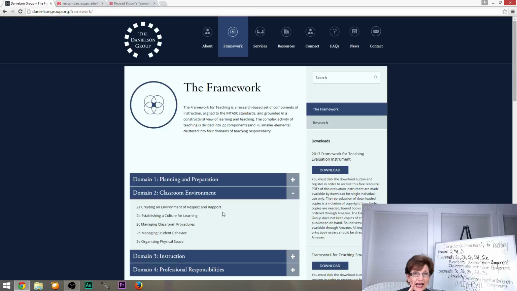Now, there's a second element of component 2A. Now, I'm only talking about 2A. Student interactions with other students, including both words and actions. I love it. Finally, we are asking people to be cognizant of their body language, facial expression, as well as the words that come out of their mouth. How students treat each other is as important as how teachers treat students, and arguably for students even more important.